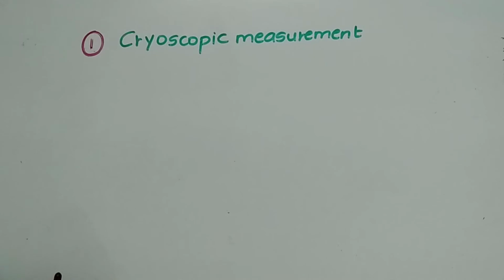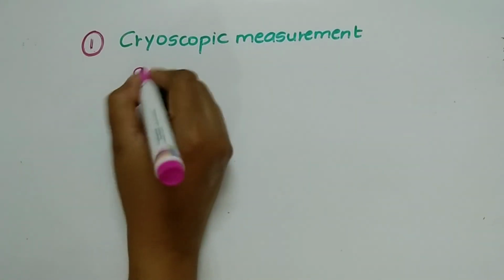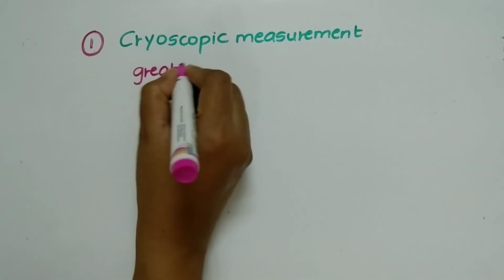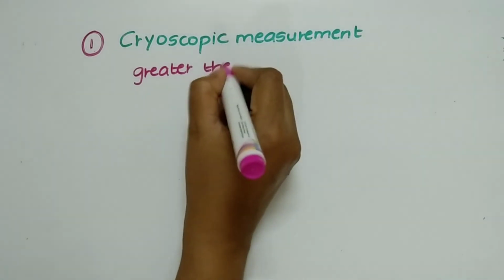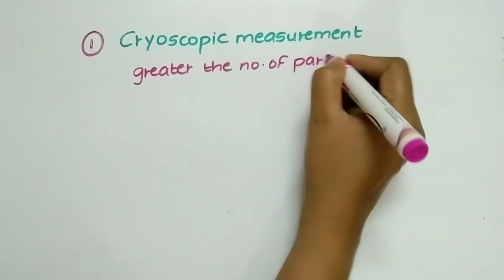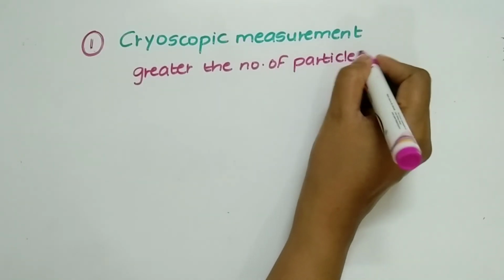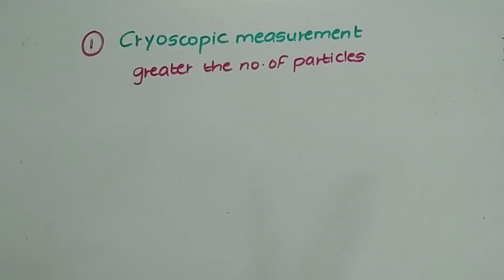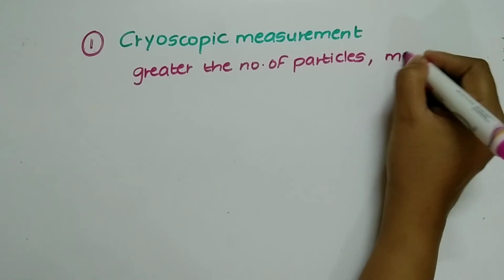Right? So this depends upon the depression in freezing point, correct? Depression in freezing point. So greater the number of particles, compounds will be given to you, you have to arrange them. Okay. So, greater the number of particles, more will be the depression in freezing point.